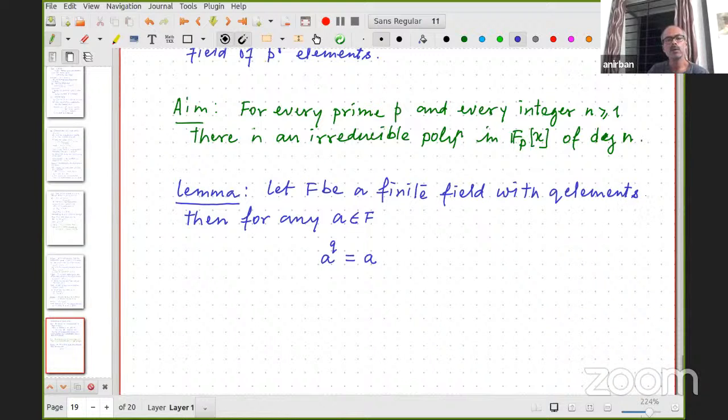Then for any element A of the field, A raised to the Q is equal to A. So let's prove that. For the zero element, of course, it is trivial. Both sides are zero. For A equal to 0, it is trivial.